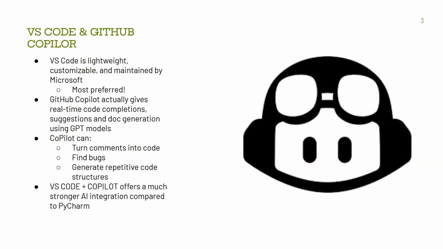So one assistant that I do want to talk about is GitHub Copilot. This is an assistant that combines with VS Code, so you could pretty much use both of them together, which is very useful. And if you guys don't really know what VS Code is, it's short for Visual Studio Code.